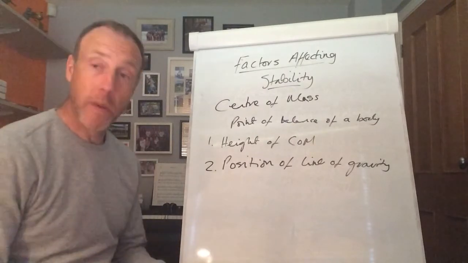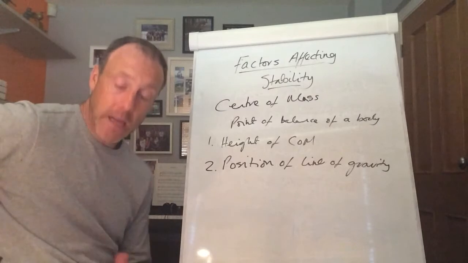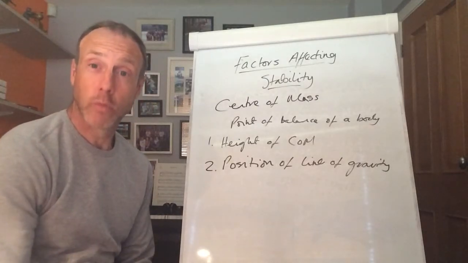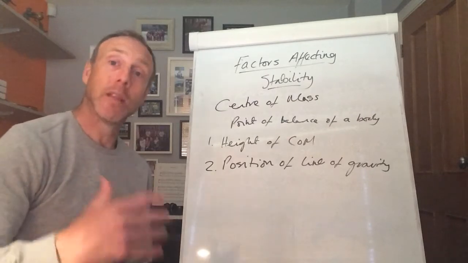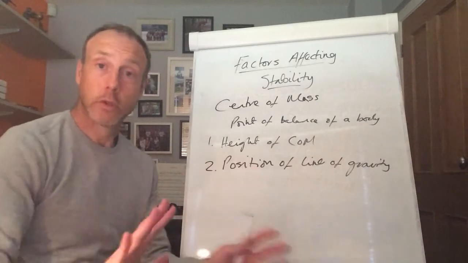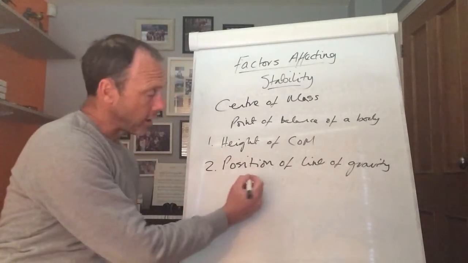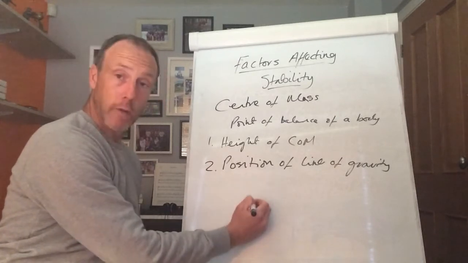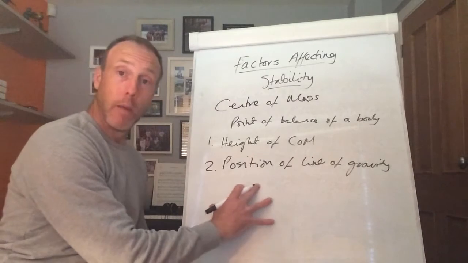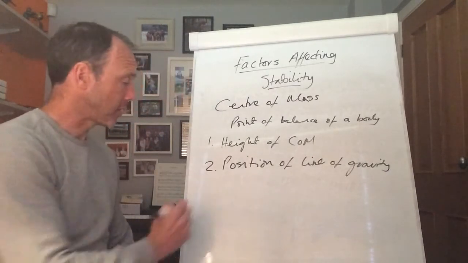You bend your knees, but by keeping your back straight, your hips are in line with your ankles, with the base of your feet. That maintains stability. So now you're more difficult to manoeuvre and more difficult to push away, because of the position of that line running through, so your shoulders over your knees in the scrum, your hips over your ankles. So, the position of the line of gravity.